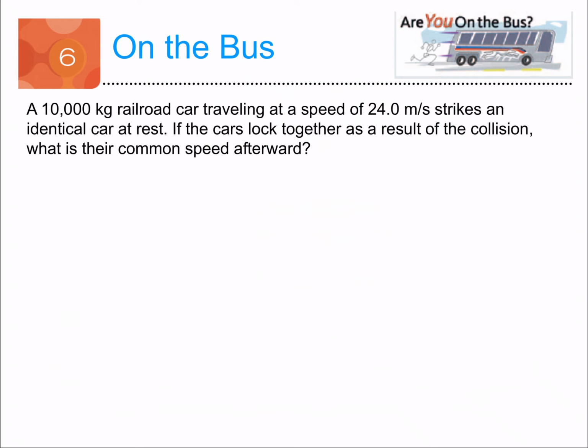In this problem, we have two 10,000 kilogram railroad cars. So we have a mass of 10,000 kilograms moving at a speed of 24 meters per second. That's our mass 1 and speed 1.